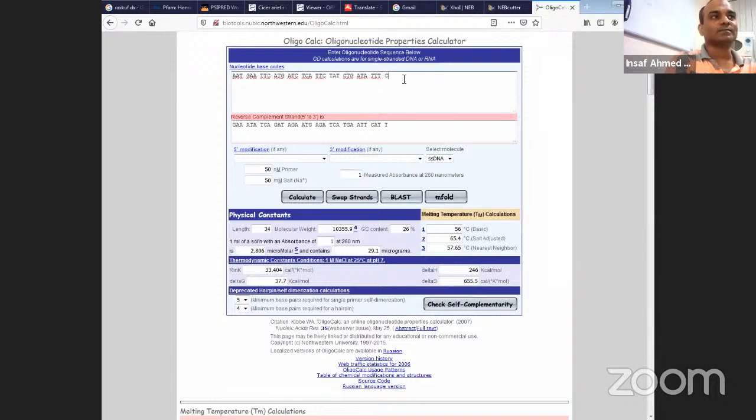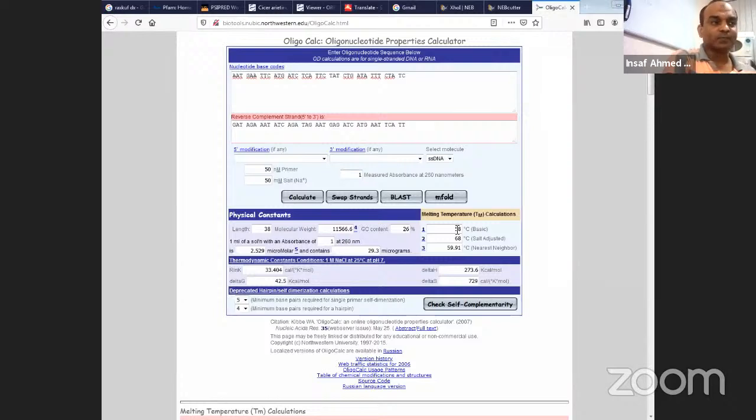Go here, clean this one, paste the new sequence and calculate. See, it has reached 58 degrees centigrade. It is increasing, but not as per our expectation. GC content is also almost constant.